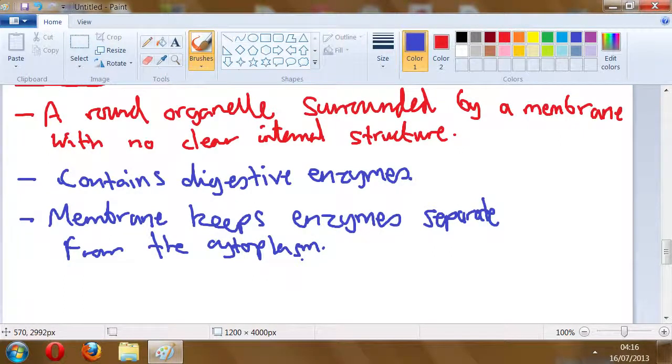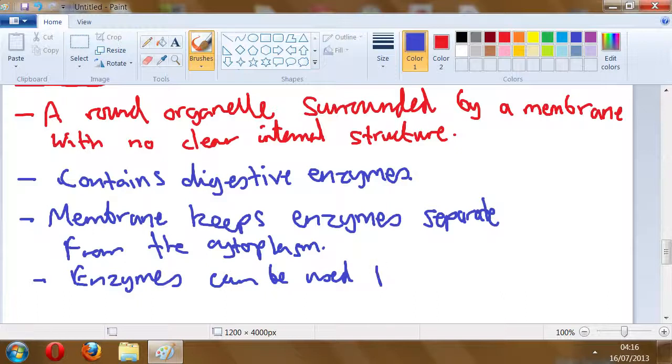So lysosomes contain digestive enzymes. The membrane keeps the enzyme separate from the cytoplasm. Okay. So enzymes are used to digest invading cells.